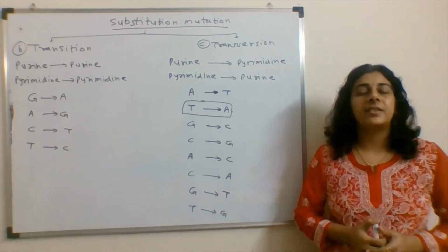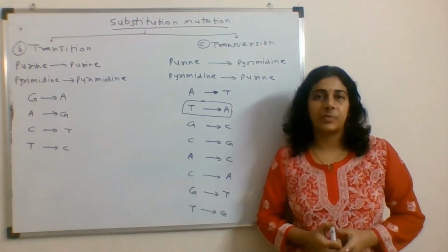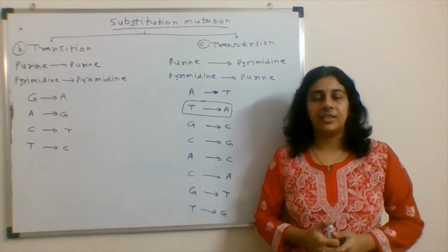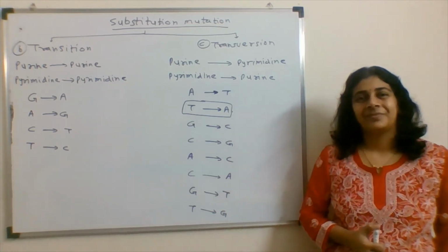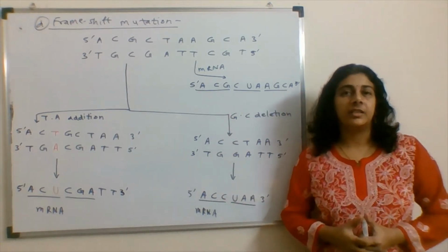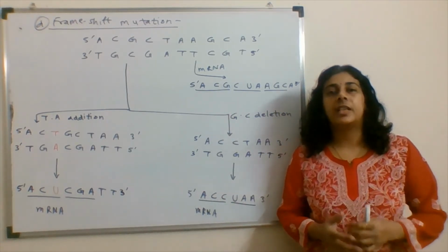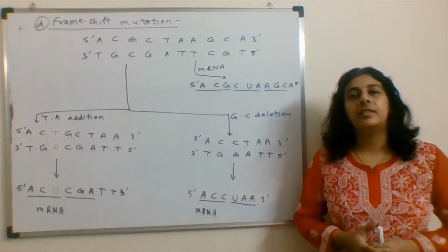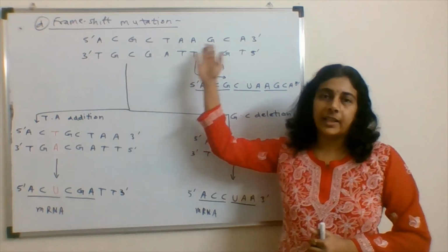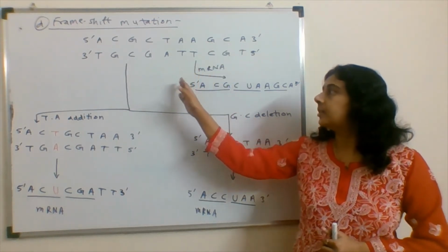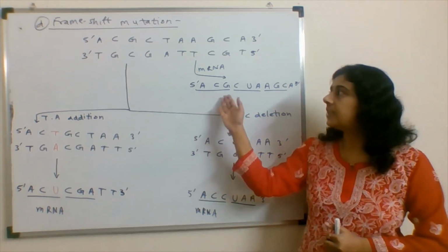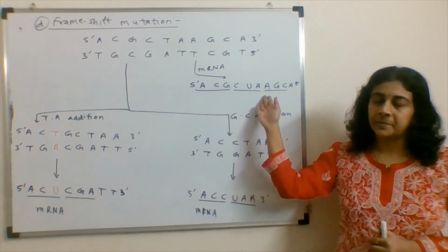But as always, we will discuss the next option also, so that we understand what a frame shift mutation is as well. When we think about the frame shift mutation, there is an addition or deletion of nucleotides in a reading frame. How does this occur? See, this is a DNA sequence, and in case there is no mutation, the normal mRNA would be formed like this.